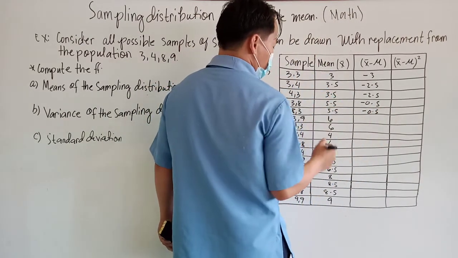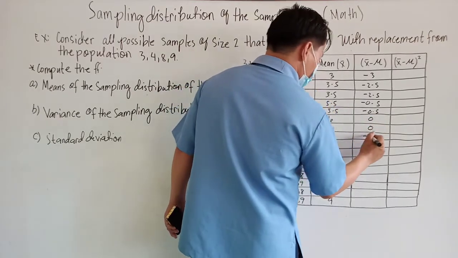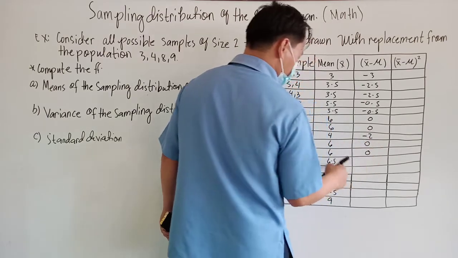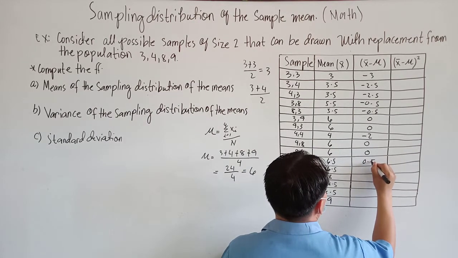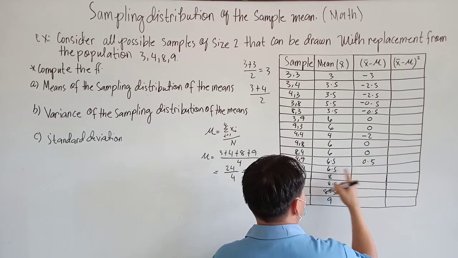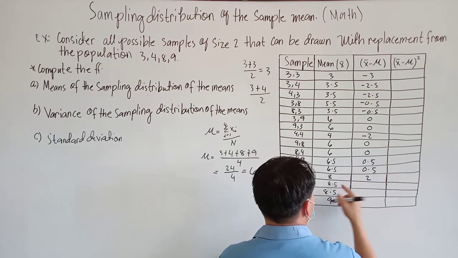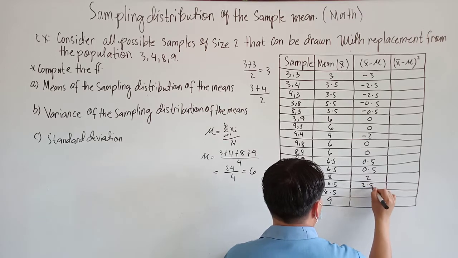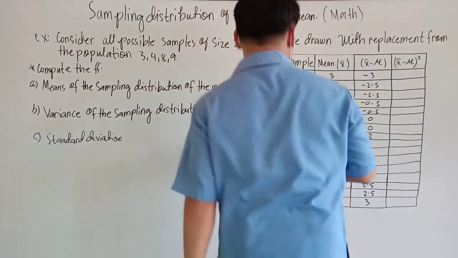Then 6 minus 6 is 0, another 0, then negative 2, then 0, another 0. Then we have 6.5 minus 6 is 0.5. 8 minus 6 is 2. 8.5 minus 6 is 2.5, still the same 2.5. And the last one is 9 minus 6, which is 3.